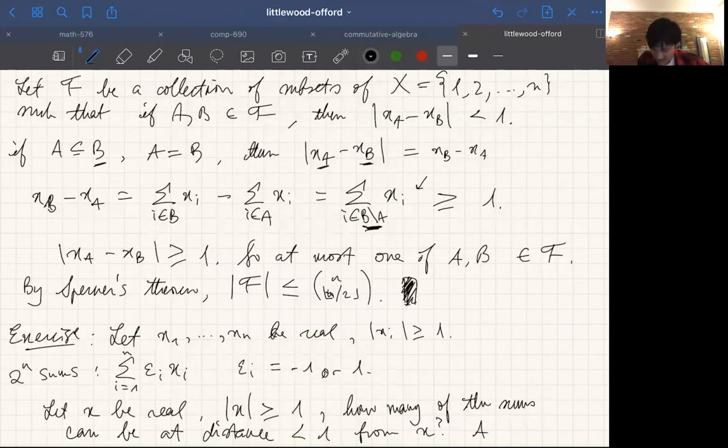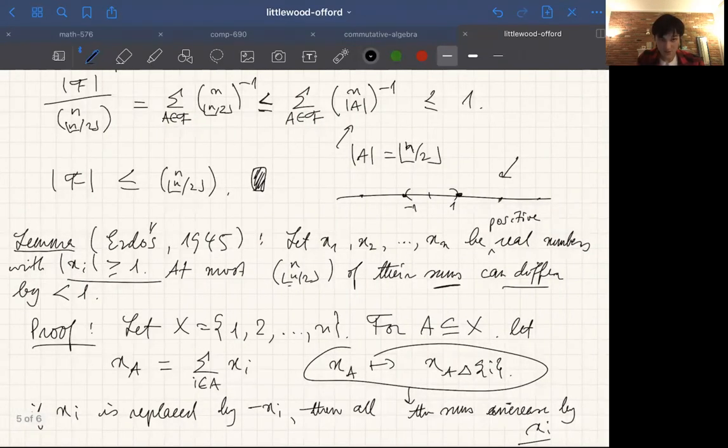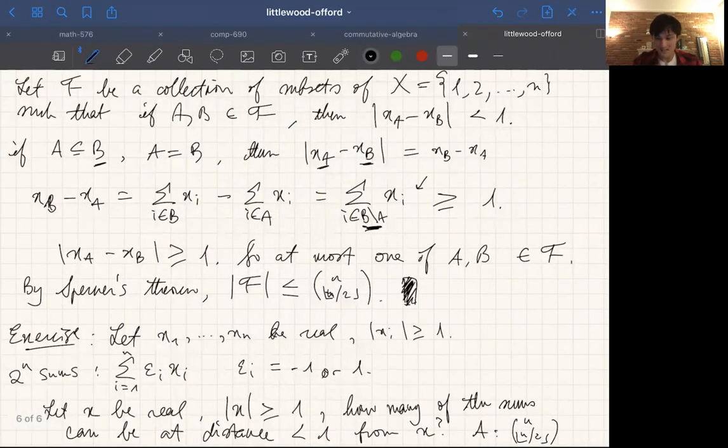And the answer is n choose n over 2. This is actually an equivalent statement to this lemma, so you can prove it directly from this lemma by doing some shifting. Or you could prove it directly from Sperner's theorem, but you don't have to because they're actually equivalent. You can even prove the lemma from this exercise. But yeah, there's some work involved.